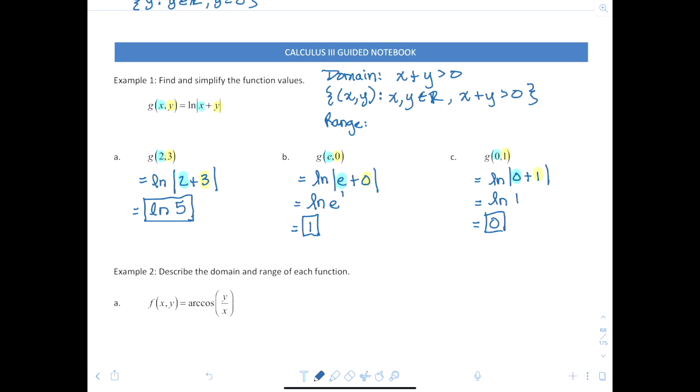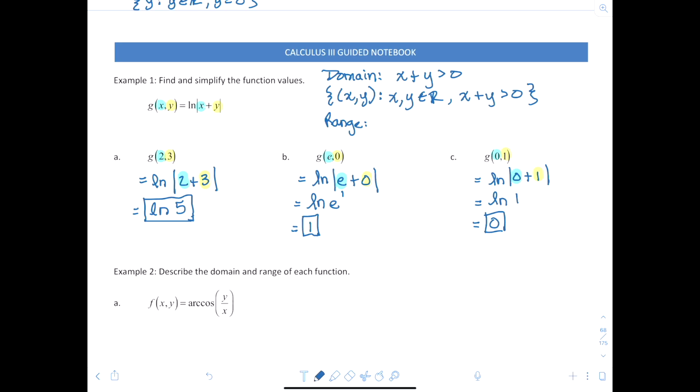Does anybody remember what the natural log function looks like? Does it have negative outputs? It does have negative outputs, right? Because if you approach 0 from the right side, you get a vertical asymptote at x equals 0.